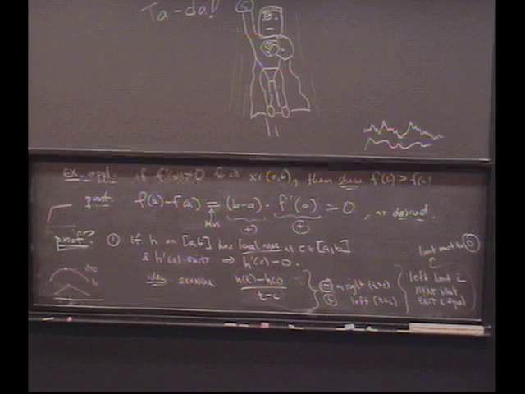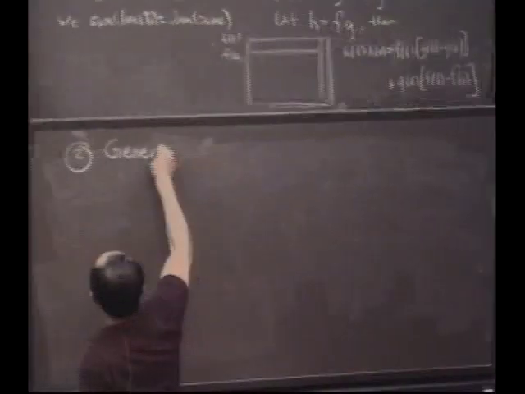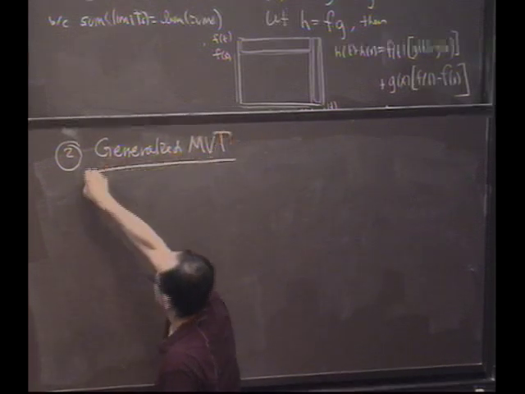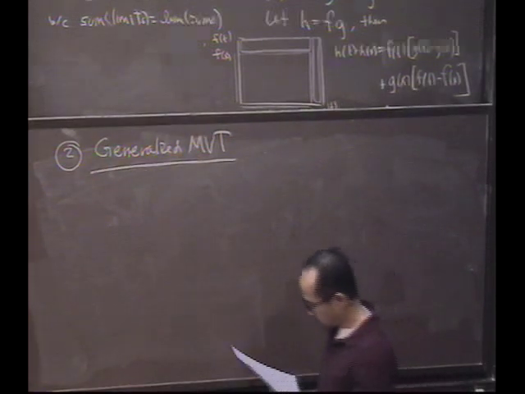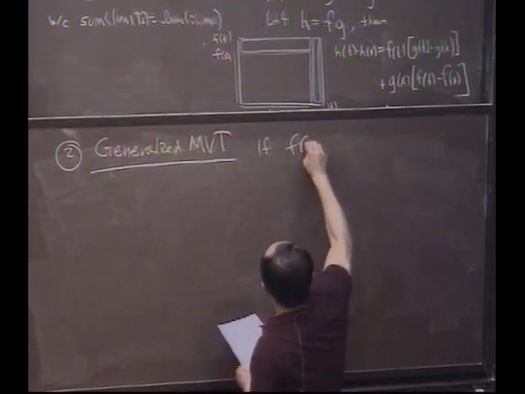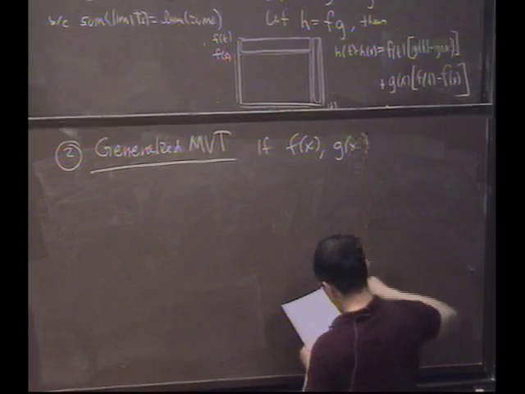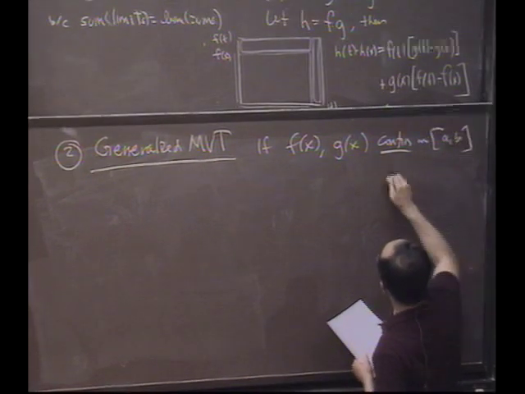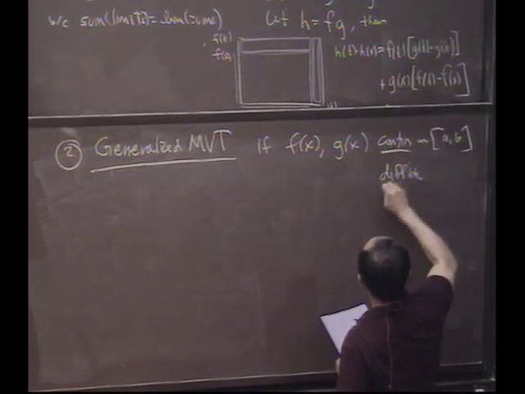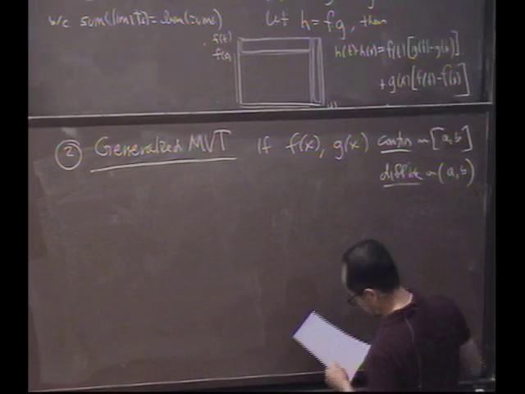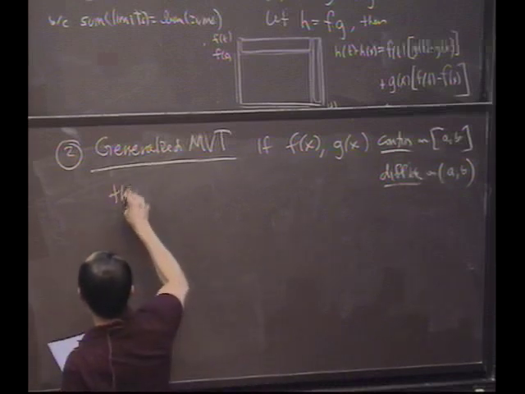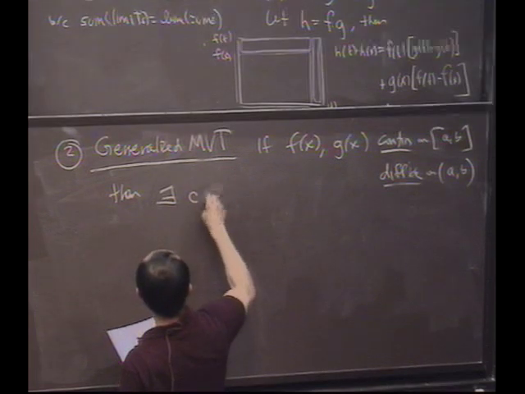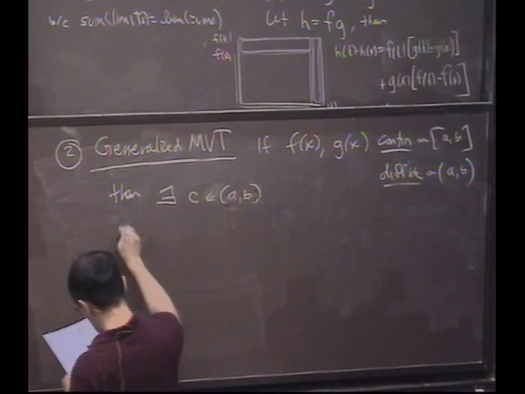What I do want to do instead is actually prove something a little more general, since we have the machinery, and this is called the generalized mean value theorem, which says the following. If f of x and g of x are continuous on the closed interval and differentiable on the open interval, then there exists a point in between, let's call it C, so that what?